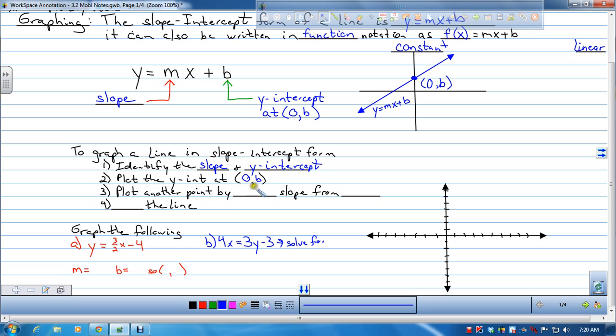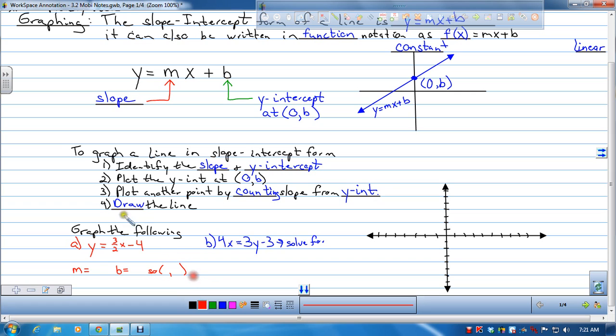Then we're going to plot another point by using the slope. We're going to count the slope. And remember, what we had a problem with before is that people were always counting the slope from the origin, when in fact you should be counting the slope from the y-intercept. Okay? And then we just draw the line.